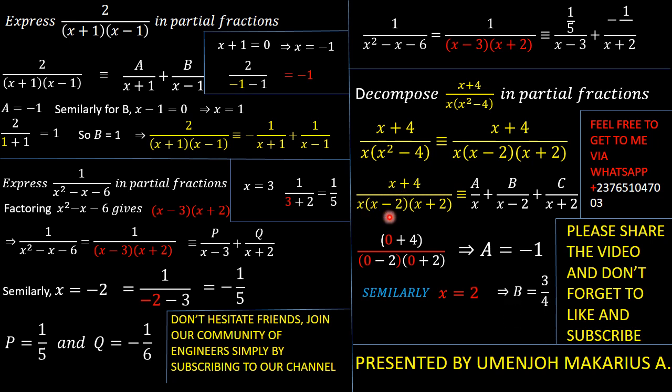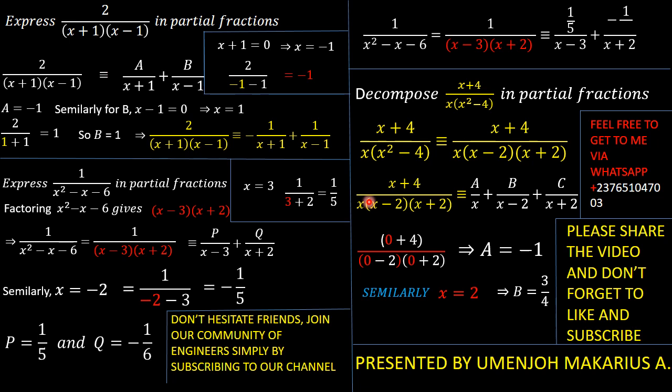If you do that, guys, you're going to see your b to be 3 over 4, because you have 2 plus 4, which gives you 6, then times 2 plus 2, which is 4, giving 8. So 6 over 8 simply gives your answer b equals 3 over 4.